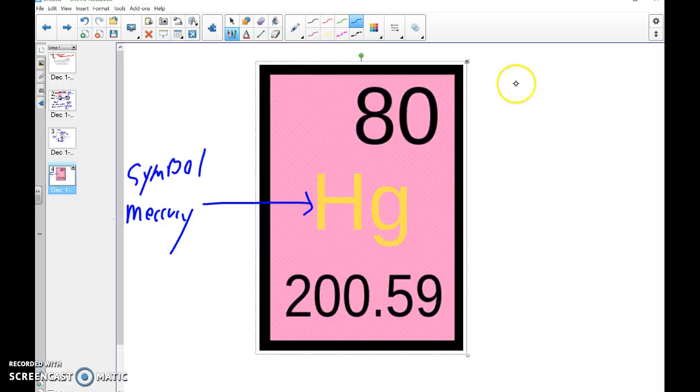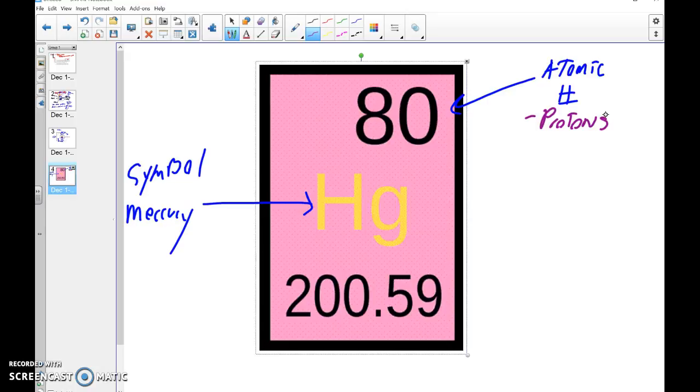Okay. Up here, we have the atomic number. Now, the atomic number tells us several things about the element. It tells us how many protons it has. Now, the atomic number is the single most important thing on the periodic table because it is the atomic number that differentiates different elements.